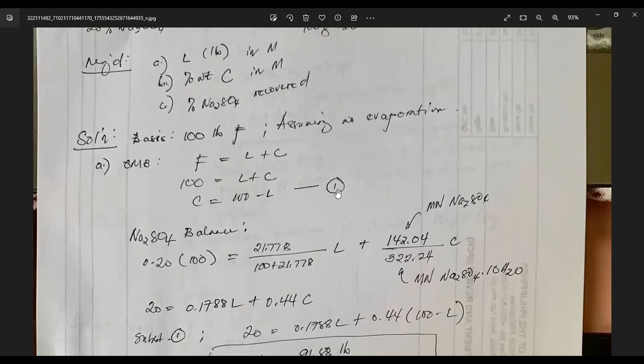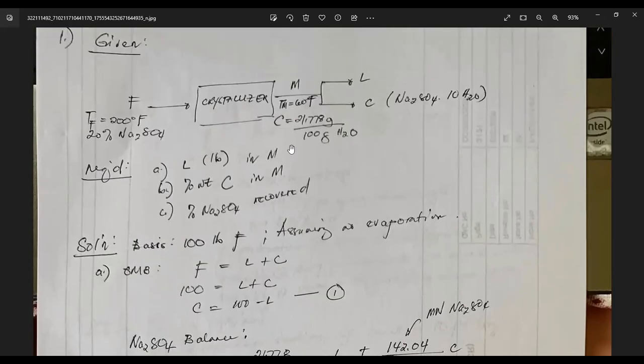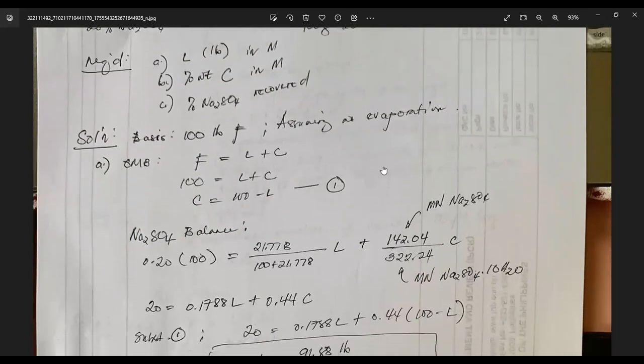Okay, so again, when you intend to determine the amount of your solute, in this case sodium sulfate, in your liquor, that would be using the solubility that is given in the problem. Either the term is solubility, or you can also read the term concentration. So it's just the same thing.